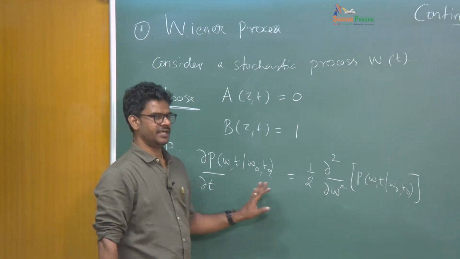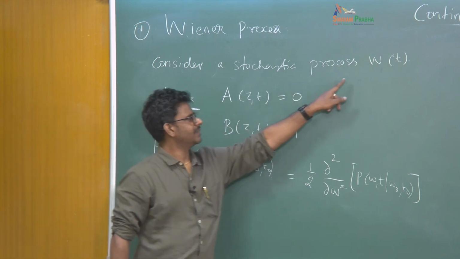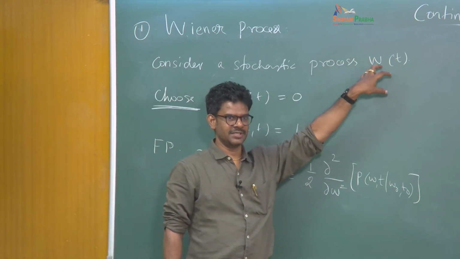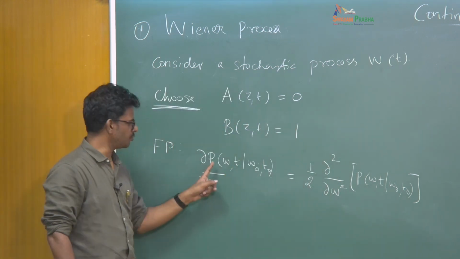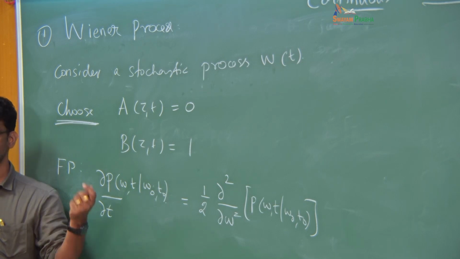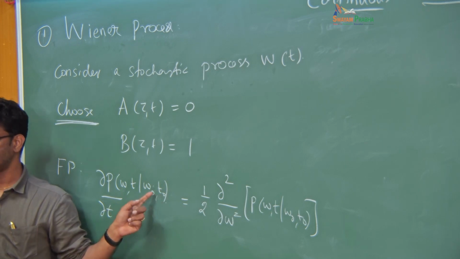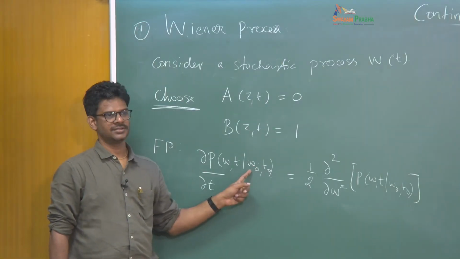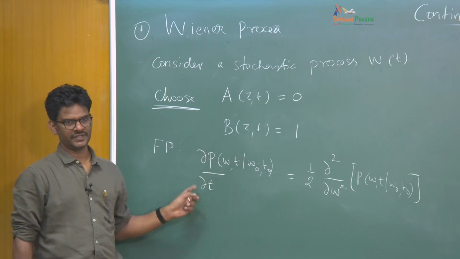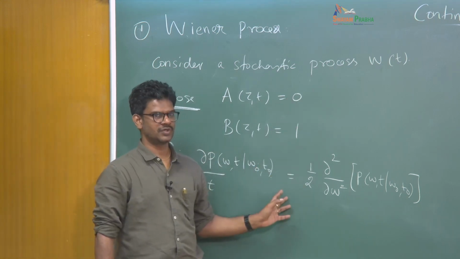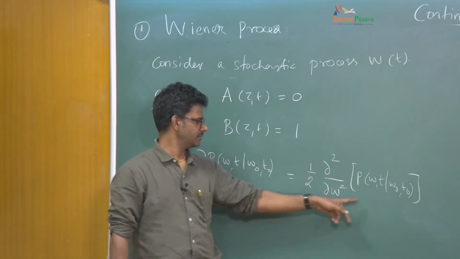I have taken the Fokker-Planck equation and changed the variable into W. This capital W we use to characterize the stochastic process, but at any time t it can take different values, realizations. That variable I denote with small w, a realization of the stochastic variable. So we are asking: if I know that at initial time t naught the system is at w naught, what's the probability that it will be at w at time t, and the rate of change of that. The first term is 0, it's gone, and the second term is 1, so we have just one half of this.